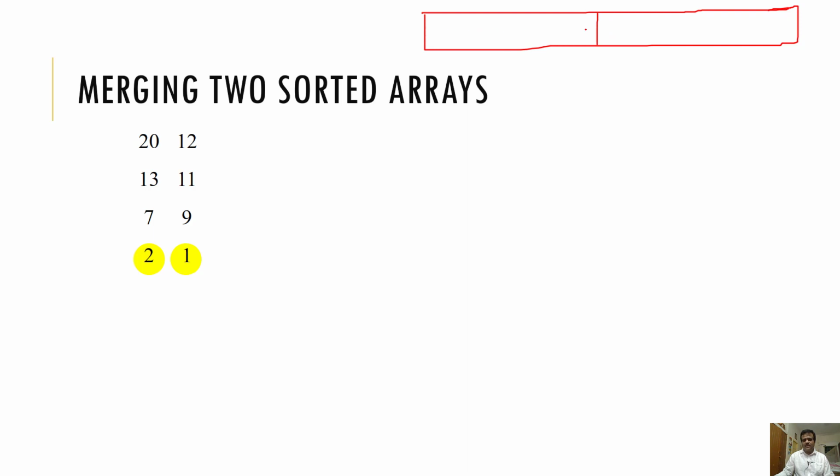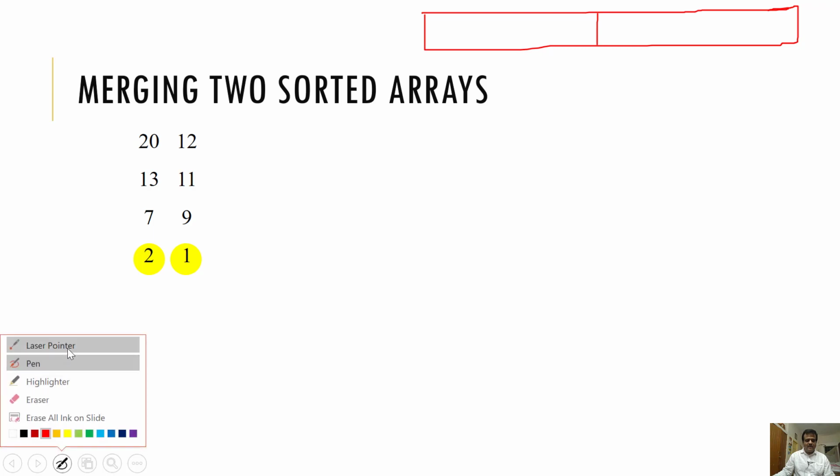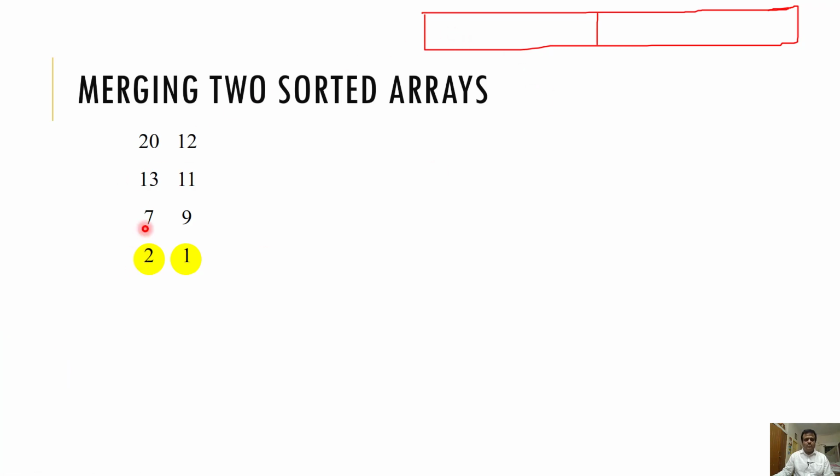So, this is one subarray which is sorted after many recursive calls, and this is also a sorted subarray. Suppose this array contains the numbers 2, 7, 13, 20, and this array contains the sorted numbers 1, 9, 11, 12. Now, we want to merge it.